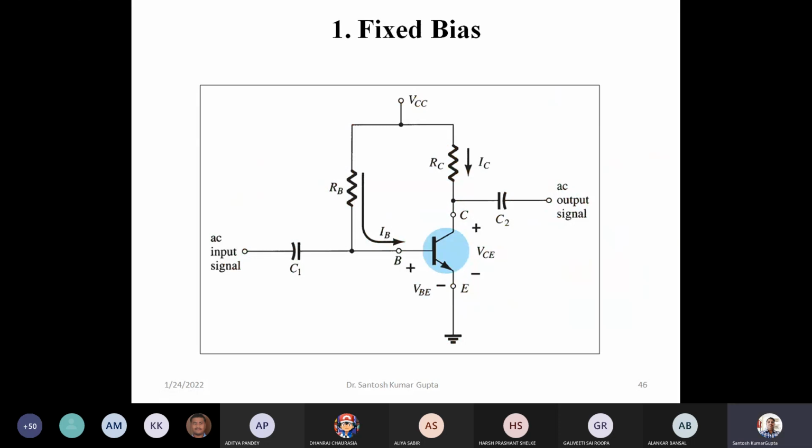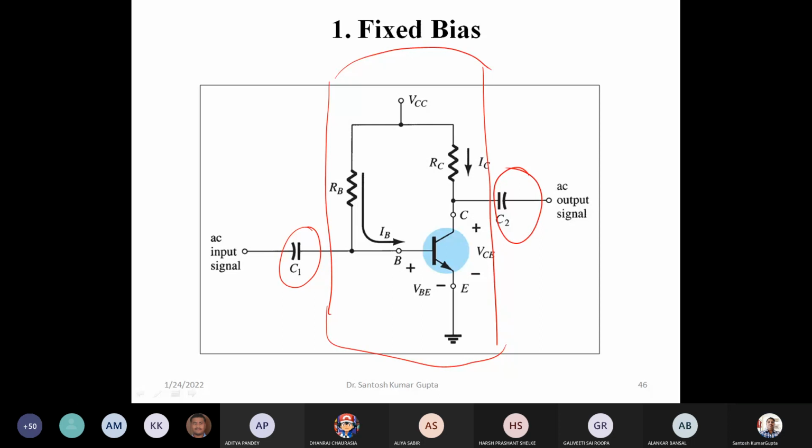The fixed bias circuit, the main circuit is actually this one. We should look at this part first. There are some capacitors C1 and C2 connected here at the input and output, which we shall discuss a little later.